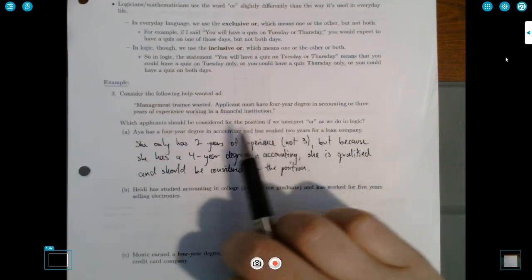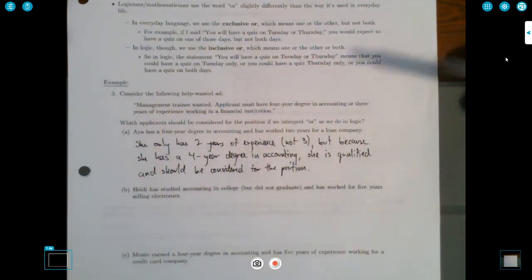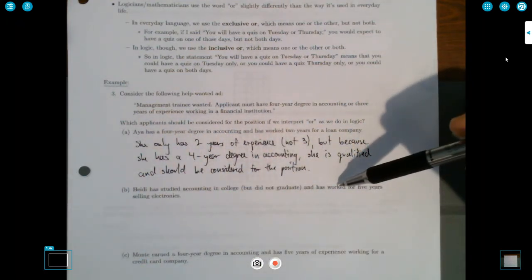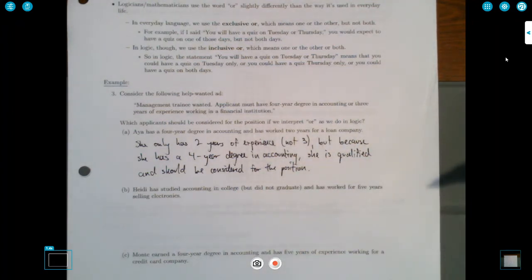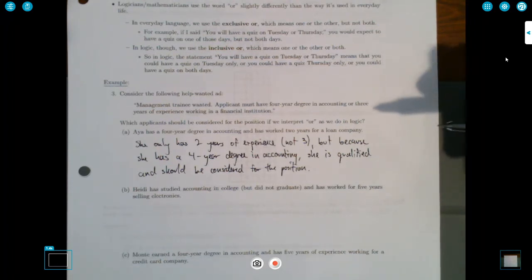Does she have at least 3 years of experience working in a financial institution? Well, it says she's worked for 5 years selling electronics. So, no, right? Because selling electronics is not the same thing as working for a financial institution. She might work at Radio Shack or something, but that doesn't mean that she knows anything about accounting or finance or anything like that.